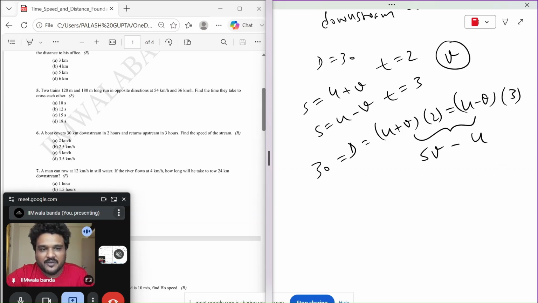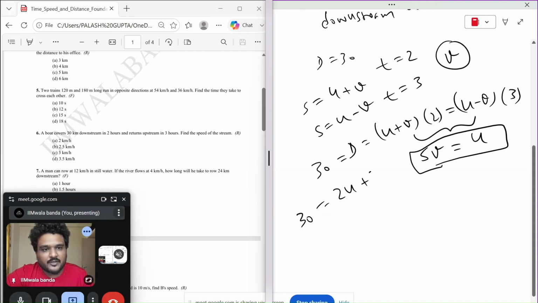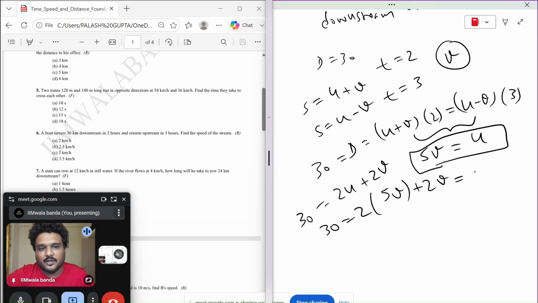So it becomes 5V. So you can really do it faster. And this is your first piece of information. Now what? Pick any equation and solve it further. I have to calculate V. I don't need U, so eliminate U rather than V. So U will be 5V. So this is basically 10 and 2, 12. So our answer is 30 upon 12.